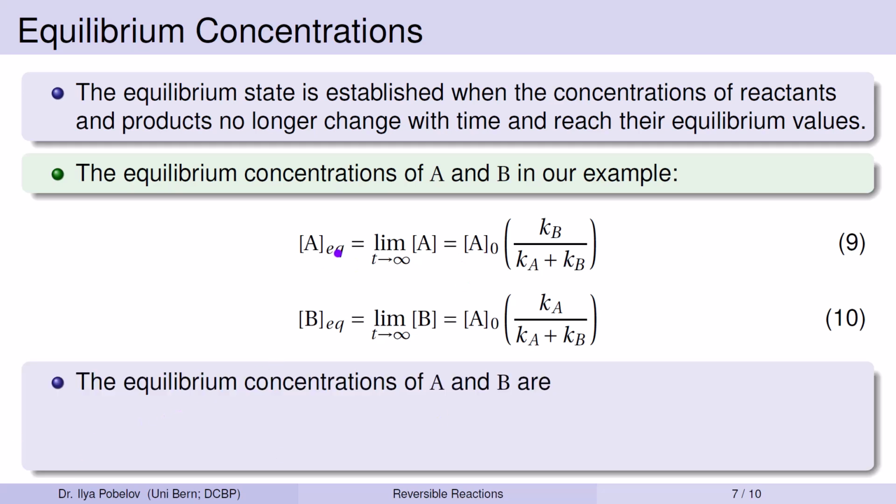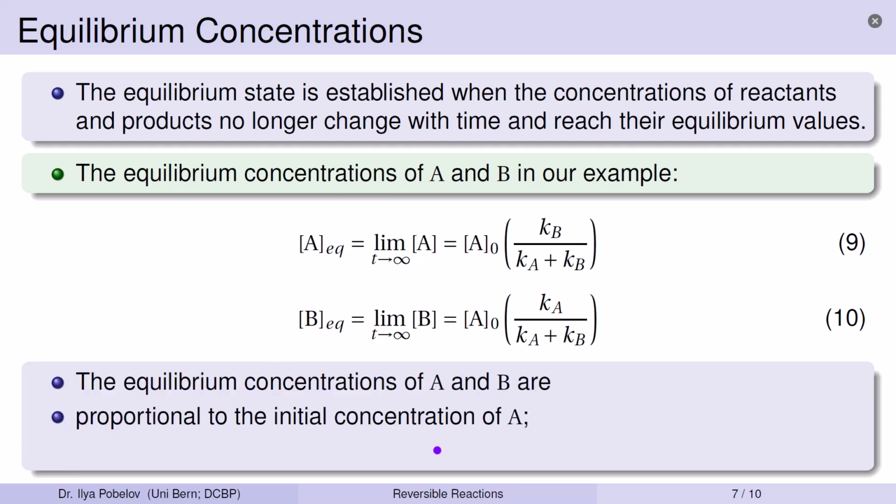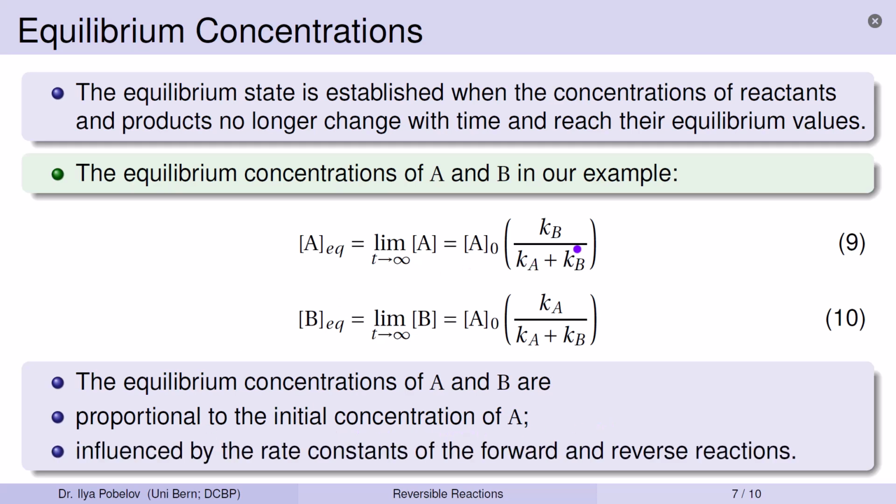These equilibrium concentrations are proportional to the initial concentration of A and are influenced by the rate constants of the forward and reverse reactions. The relative magnitude of the forward and reverse rate constants determine the ratio at which A and B will be present at equilibrium.